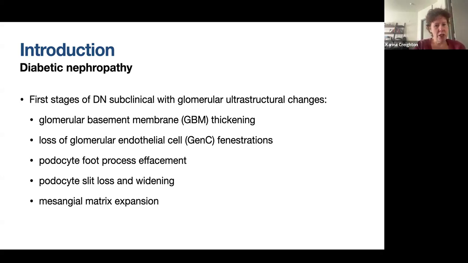We'll also start to see changes to the endothelial fenestrations, the endothelial layer, and then also changes to the podocytes: podocyte effacement, but also changes to the slits, slit density, both in width and the loss of the number of podocyte slits, and as a consequence, mesangial matrix expansion.